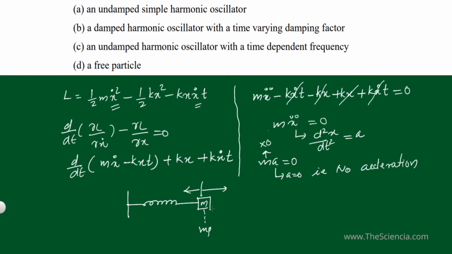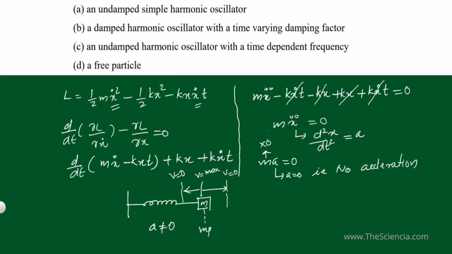You can see when this mass is at this end, its velocity will be equal to 0, and the velocity will be maximum when it is at the center. So in this motion, its velocity is changing. Therefore, acceleration is not equal to 0.